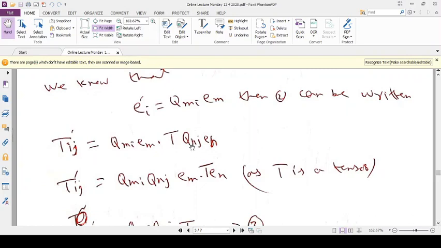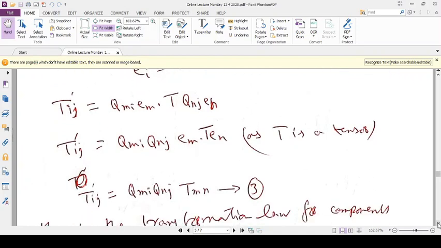Since T is a linear tensor, you can write this scalar outside. Again you can write this scalar Qmi Qnj em dot Ten, and this will be equal to Tmn, simply using question number 1.